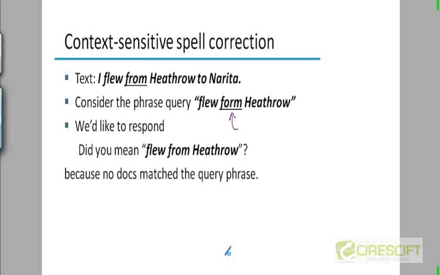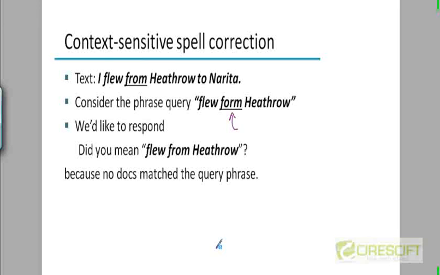Now Google does context sensitive spelling correction, and even versions of Microsoft Office after 2007 have context sensitive spelling correction. Before 2007, they didn't have it. They only did isolated word correction.